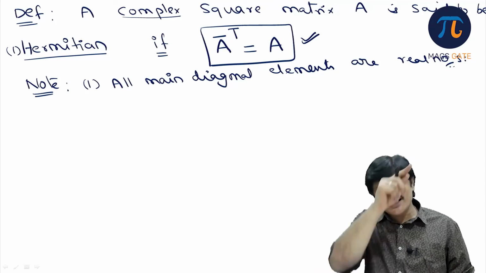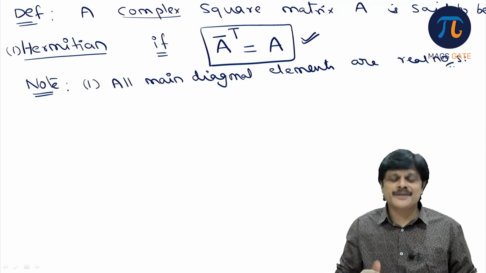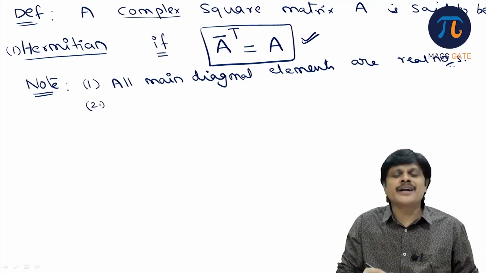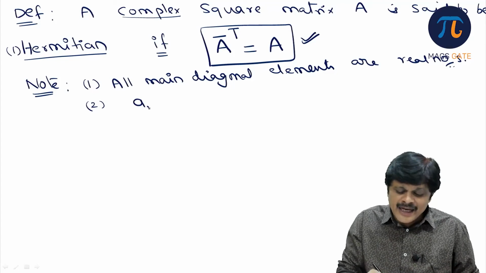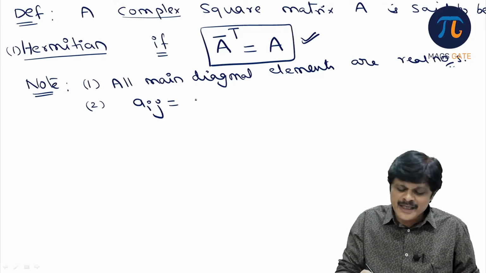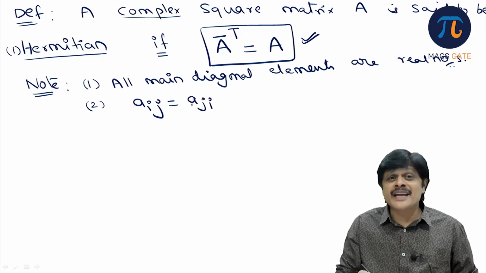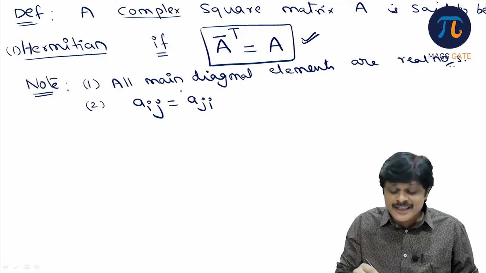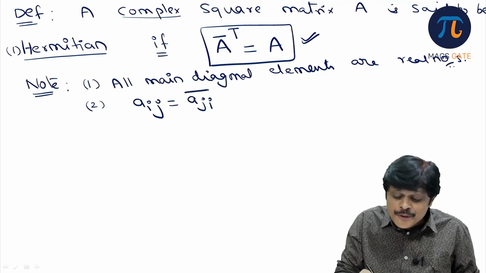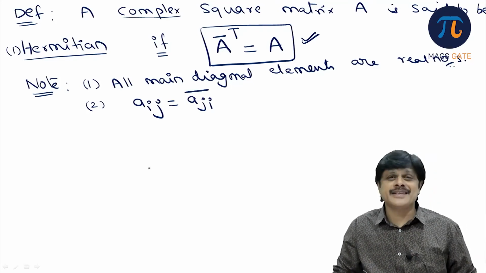Main diagonal elements are real numbers. The second thing we need to understand is the ith row, jth column element. For symmetric, it is aij equal to aji, but here aij is equal to the conjugate of aji.